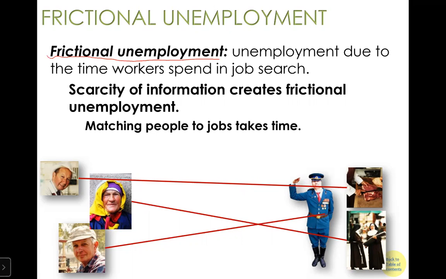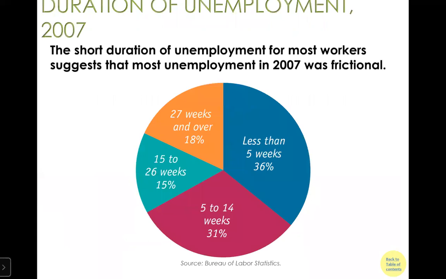Right? You don't have all the information. The employer also doesn't have all the information. So it costs time for us to sort into the right job, or costs time for the employer to fit the job with the ideal candidate. Okay? So this creates unemployment, and we call this frictional unemployment.